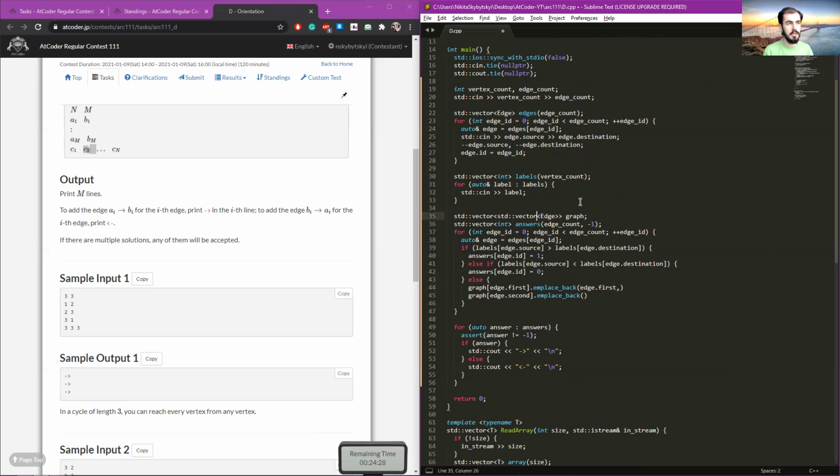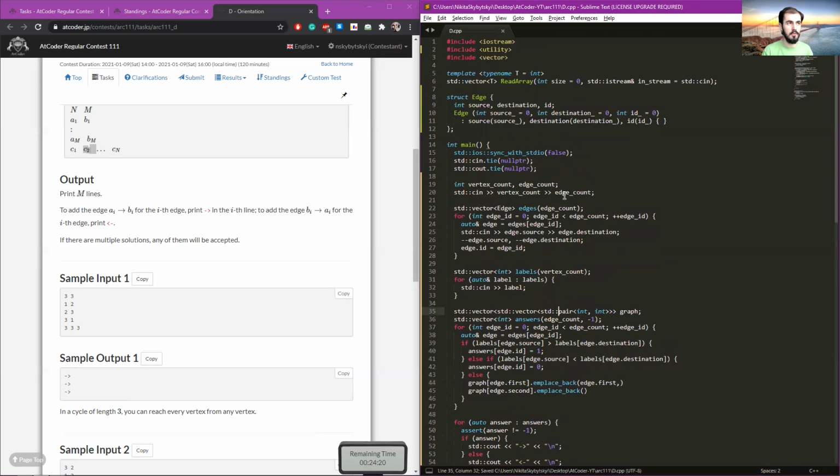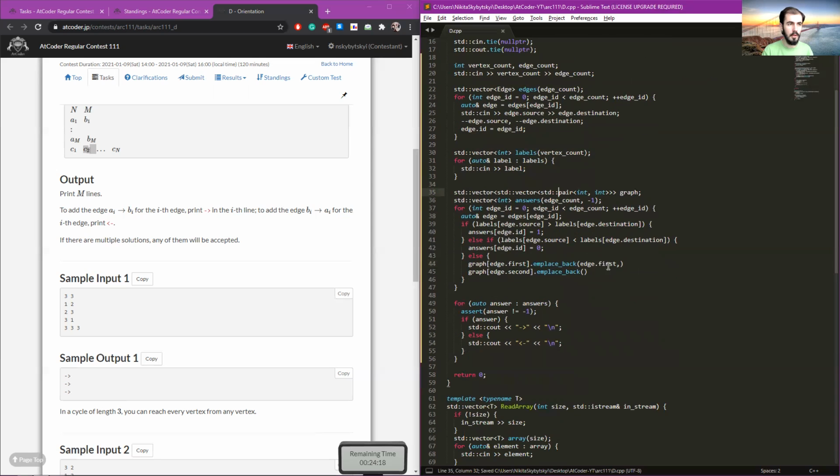Or actually, we could have got away with vector of pairs for graph. And we want second, and we want edge ID. Or can we? And okay, we can restore the orientation based on edge ID if necessary.